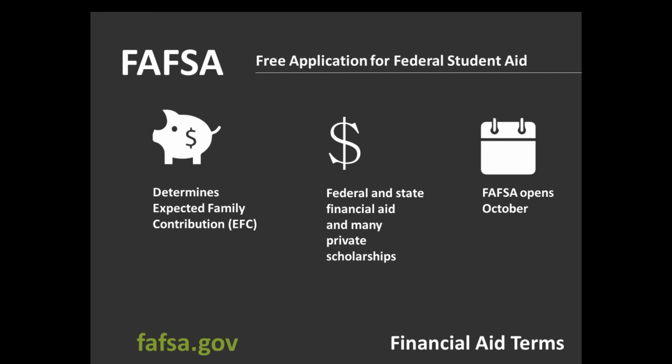Depending on when you decide you want to start college or enroll determines the year of FAFSA that you want to file. If you're thinking about returning winter term, you would need to file a 2017-18 FAFSA. If you are planning on beginning next fall, you would file the 18-19 FAFSA.